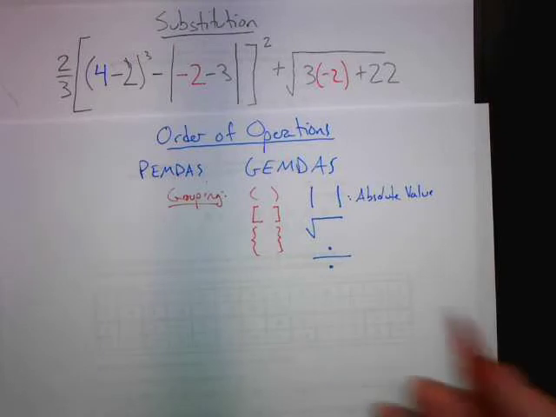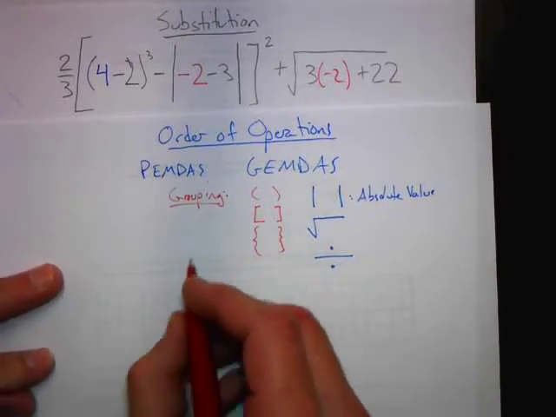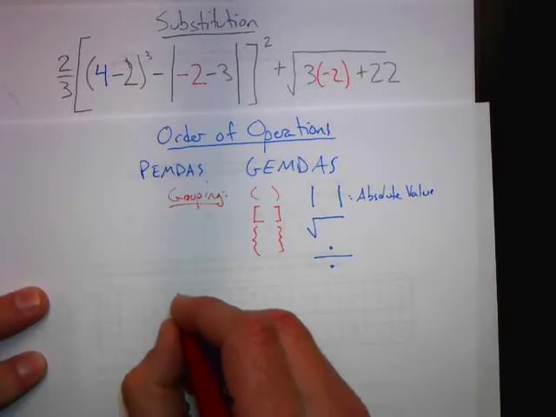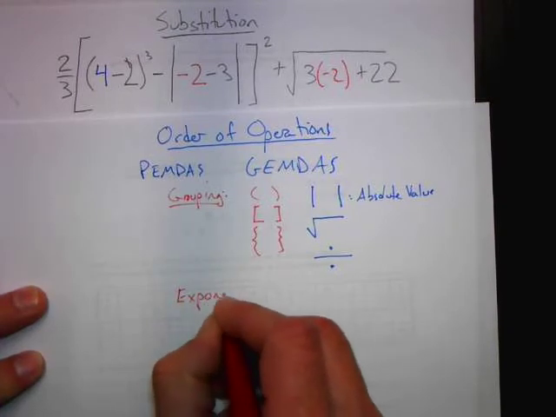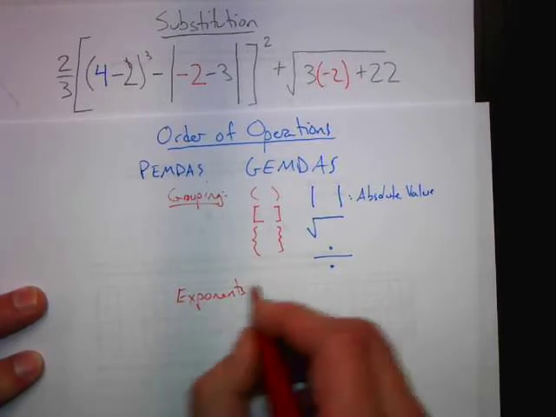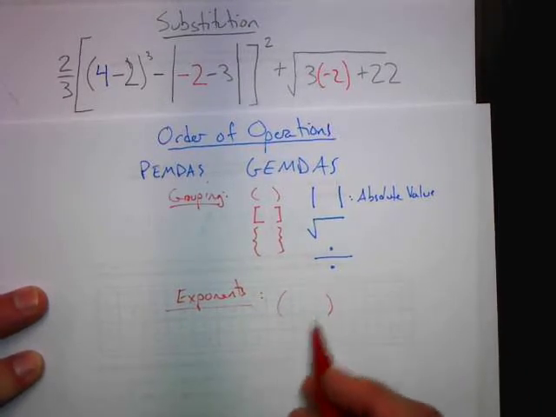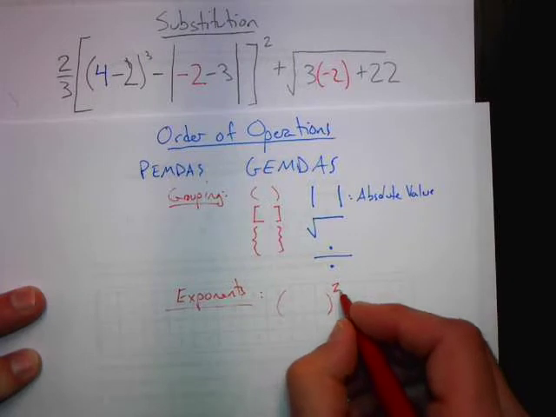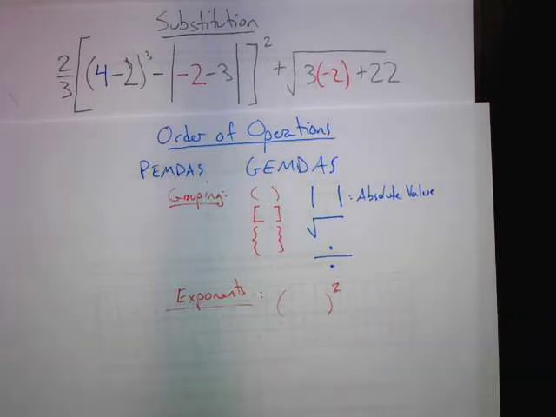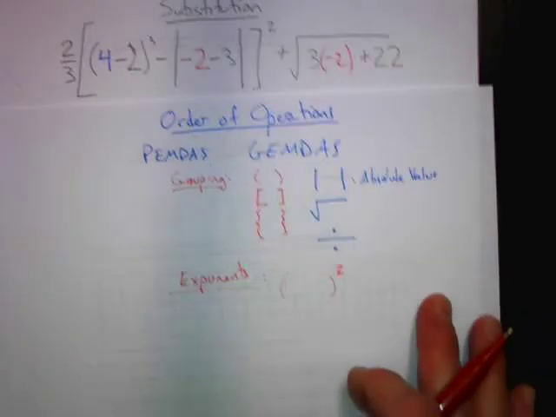The next order, as we're working inside grouping symbols, once we're addressing those, we can talk about exponents. So something being raised to a power. That's what we deal with next. So we have something inside grouping symbols, all that gets worked out. If that grouping symbol is raised to a power, then we raise it to that power. That's exponents.